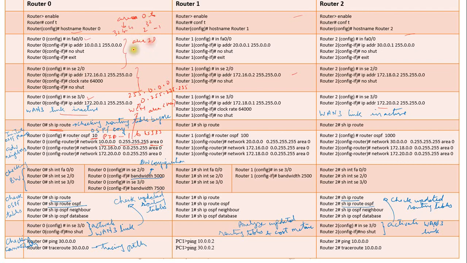For example, area 0 is represented as 0.0.0.0 with the help of 32 bits, and area number 2 raised to 32 minus 1 will be denoted as 255.255.255.255.